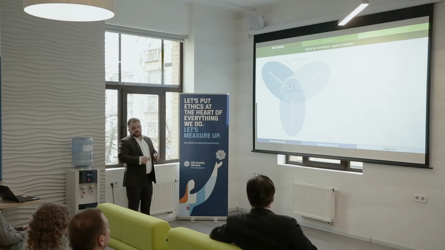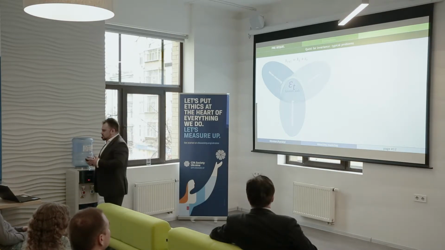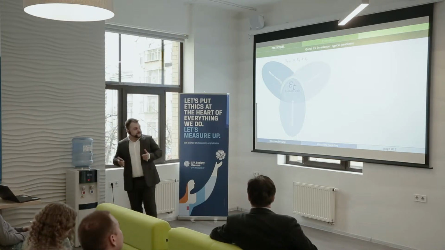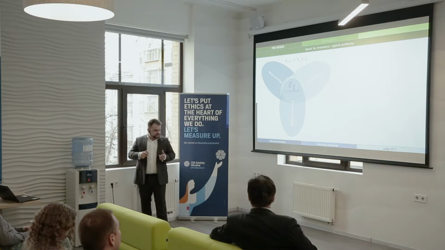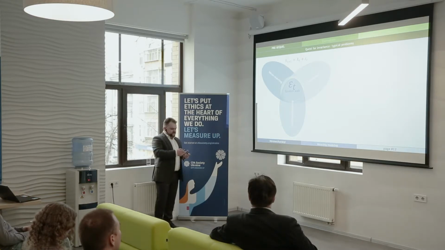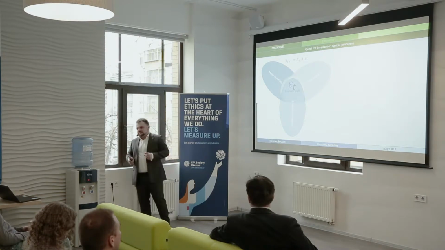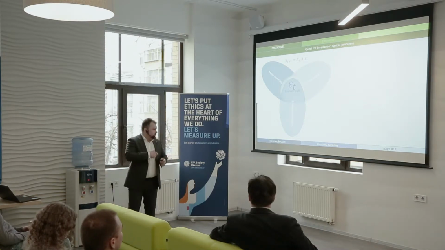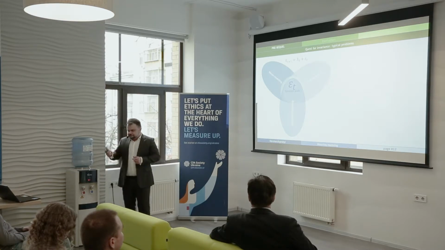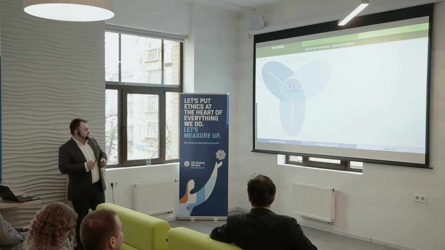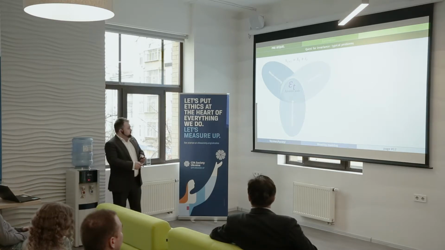Long memory is another effect. It is more associated with high frequency data, with intraday trading, etc. And the third effect is volatility clustering. This effect I'm going to talk about in more detail in the next 10-15 minutes.